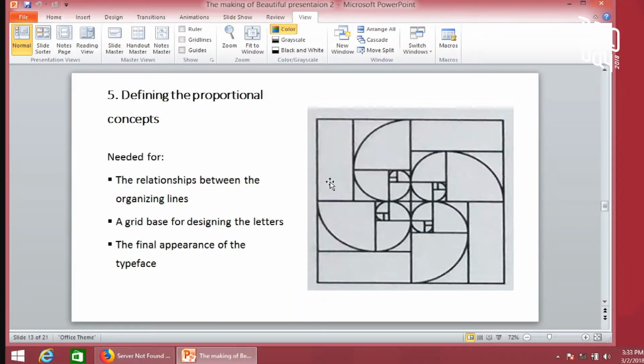Then they have to design a grid based on the characteristics that they extract from the visual lines or the main lines from the visuals. They develop a grid that they can base their characters on, using that grid either for designing the letter itself or to design the strokes of any letters.